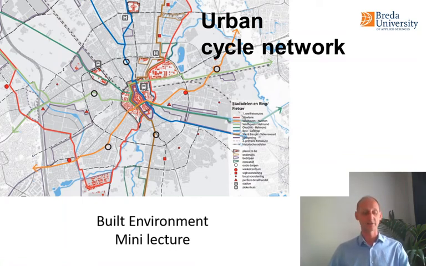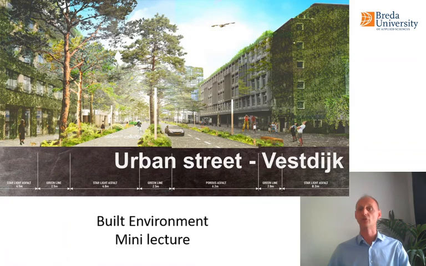Now lastly, on the last level I want to zoom into, it's really on street level, and that's also where we enter the realm of urban design. In this picture you see one of the streets in Eindhoven, Noord-Brabant, that used to be 4 lanes of car traffic, and in about 15 or 20 years they changed it to 3 lanes of car traffic, 2 for cars and 1 for public transport, and just recently they've changed it to 2 lanes of car traffic.